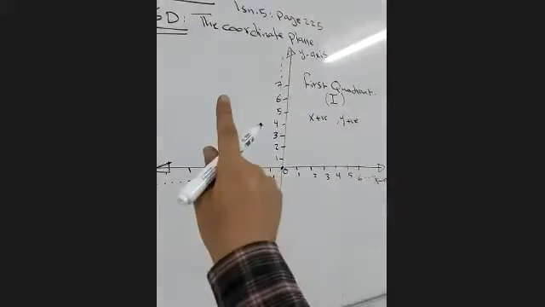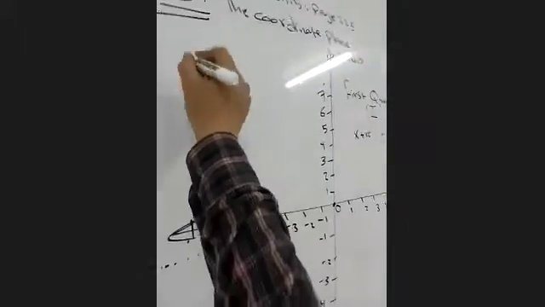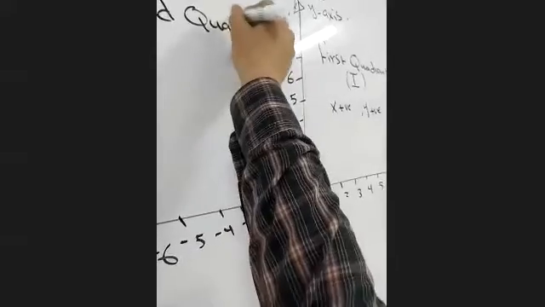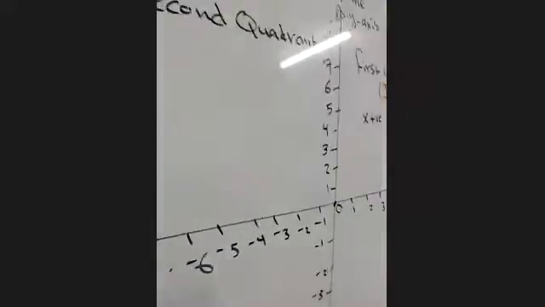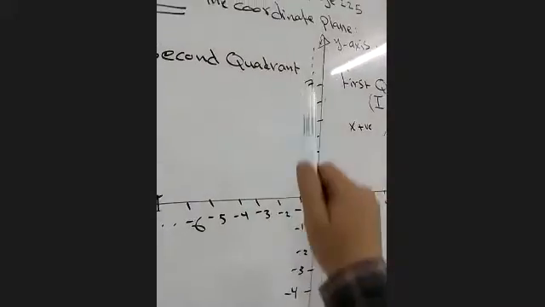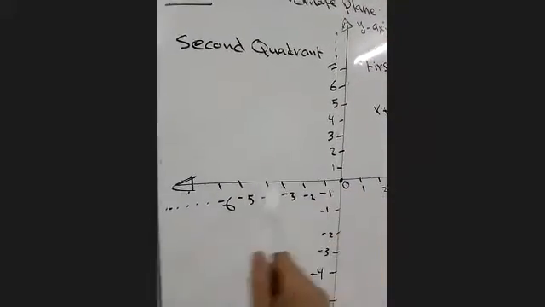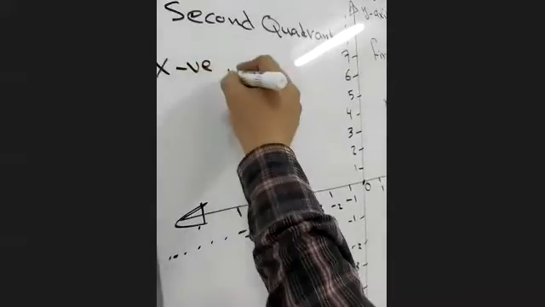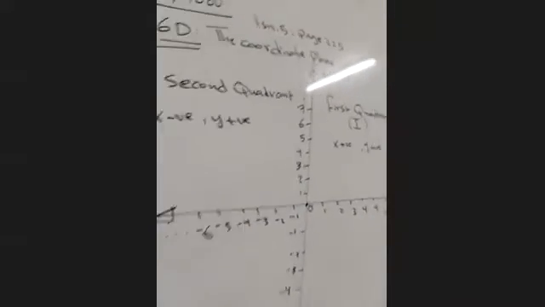The second part here, what do we call this? We call it the second quadrant. In the second quadrant, here the y is positive, but the x is negative. So here x negative and y positive. And what's the notation?